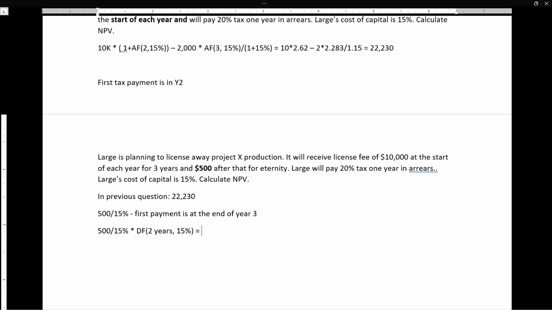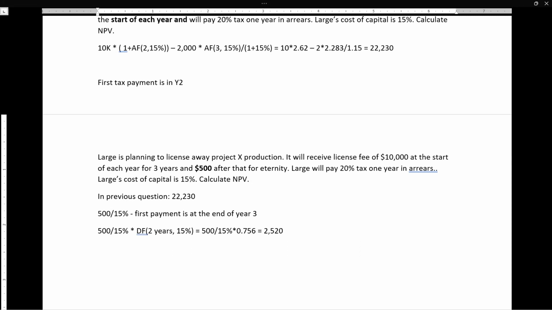And that would be 500 divided by 15% and multiplied by the discount factor of 2 years, 15%, which is 0.756. That would be 2,520.